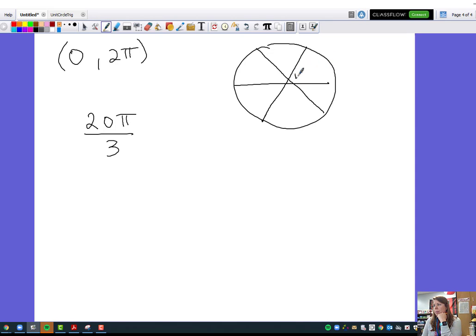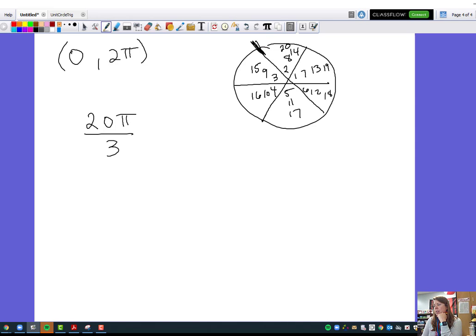This is 1 pi over 3, 2 pi over 3, 3, 4, 5, 6, 7, 8, 9, 10, 11, 12, 13, 14, 15, 16, I picked a really big number, 17, 18, 19, 20.